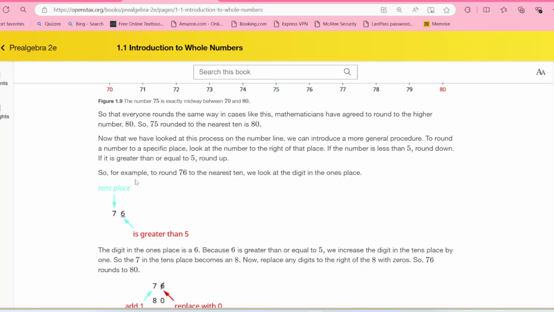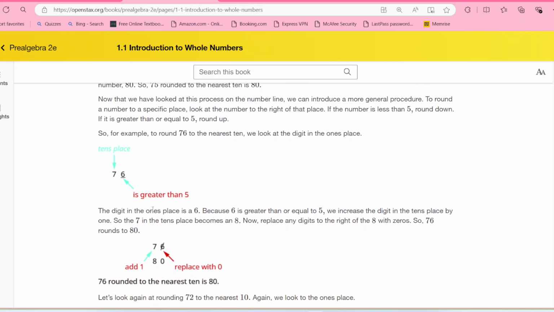So, for example, to round 76 to the nearest 10, we look at the digit in the ones place. The tens place has 7, the ones place has 6, and notice they are telling us here that 6 is greater than or equal to 5. It's 5 or greater.